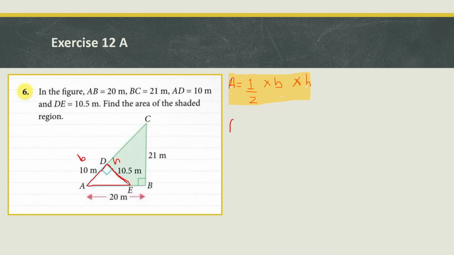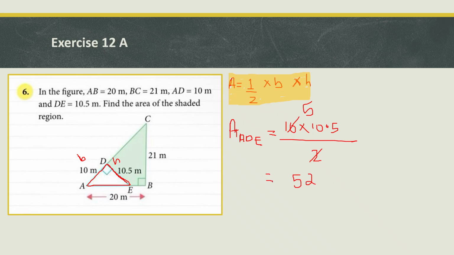So area of triangle ADE is equal to 10 multiplied by 10.5 divided by 2. 2 ones are 2, 2 fives are 10, and 5 multiplied by 10.5, you will get 52.5.